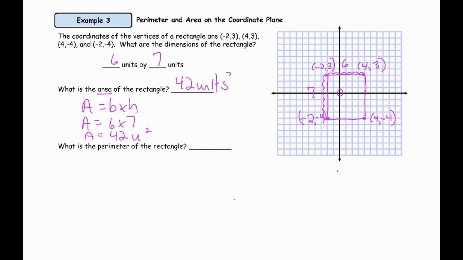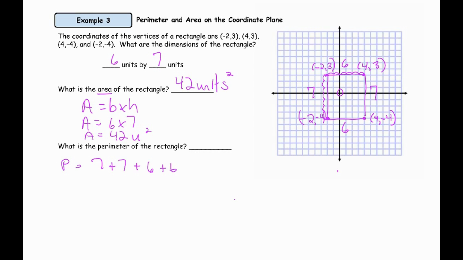Okay. Now we're going to go ahead and figure out the perimeter of the rectangle. Now we know that perimeter is the distance around our rectangle. And so in knowing that, by labeling these other sides, we can add up all our sides. So we have 7 plus 7 plus 6 plus 6, and that's going to get us our perimeter.